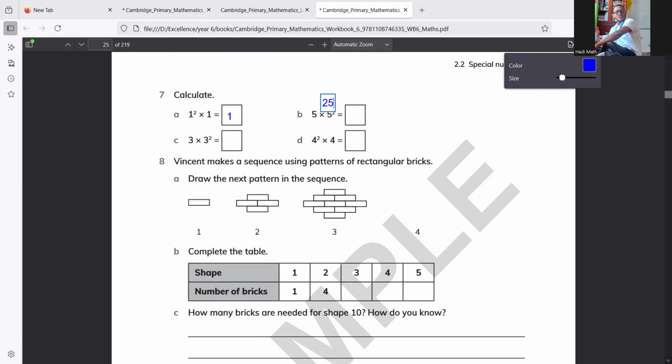Then 5 multiply 25 is equal to 125. Then this is 3 multiply 3 squared. 3 squared is 9, and 3 multiply 9 is equal to 27. So you write 27. 4 squared is 16, and 16 multiplied by 4 is equal to 64.